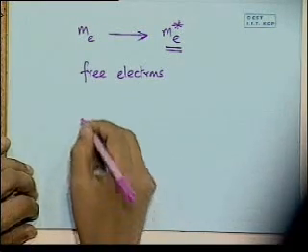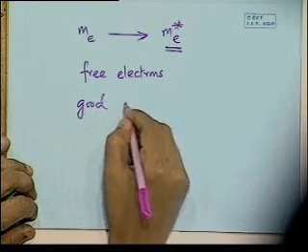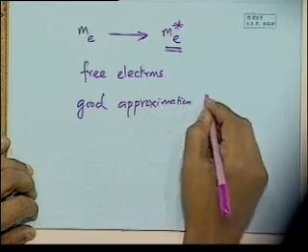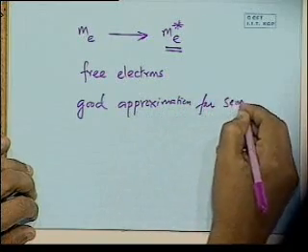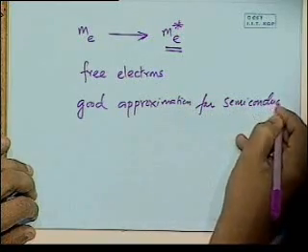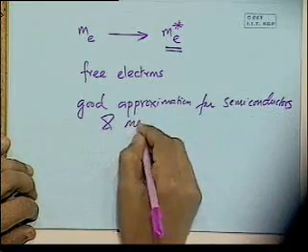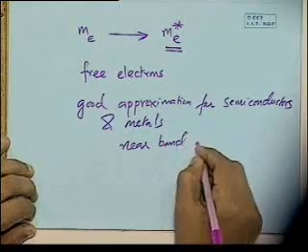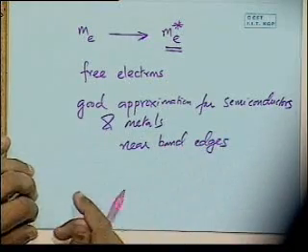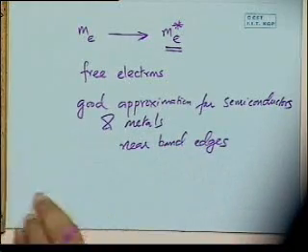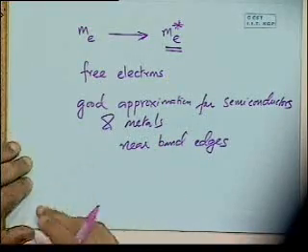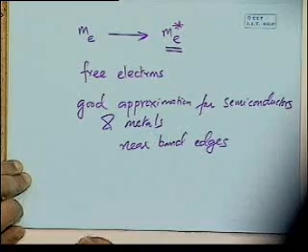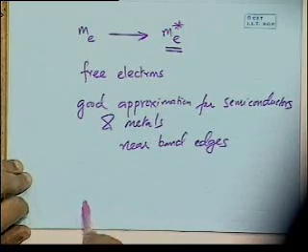But again, it turns out that it's a pretty good approximation for semiconductors and metals when you are near band edges. So when we talk of electrons that are near the band edges in either semiconductors or metals, this description fits, even though we may not be dealing strictly with free electrons in that case.